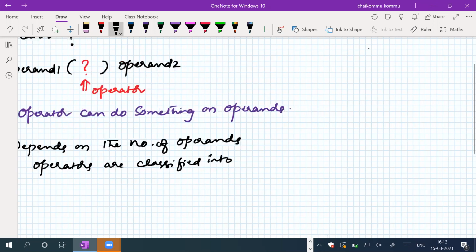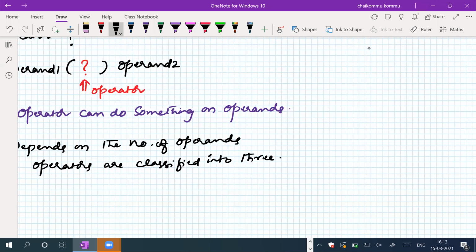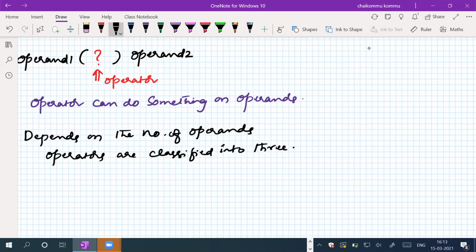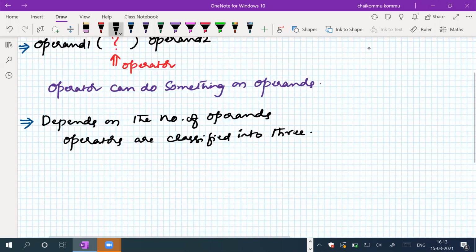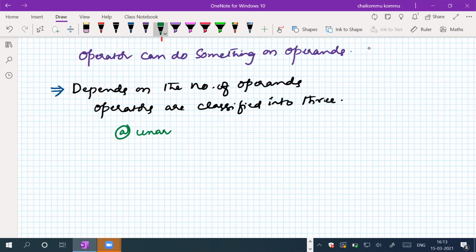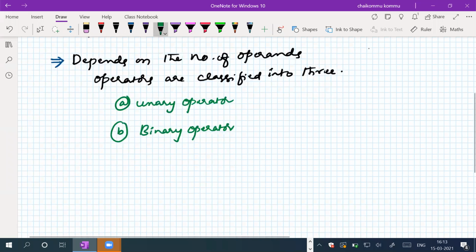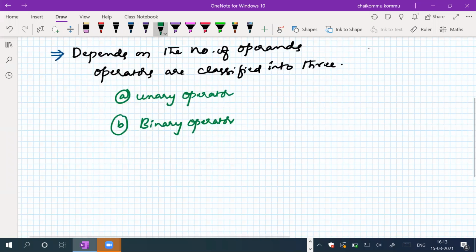The first one is the unary operator. The second one is the binary operator. The third one is the ternary operator.